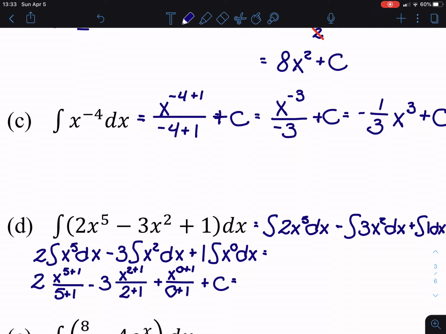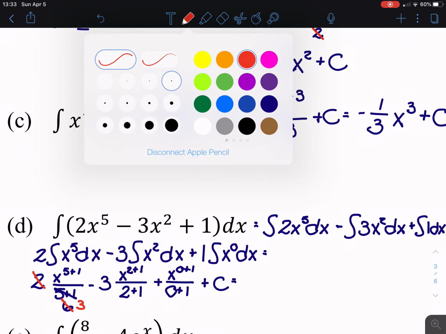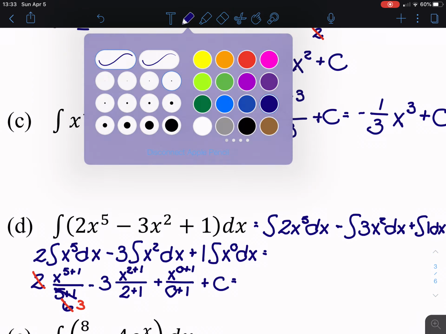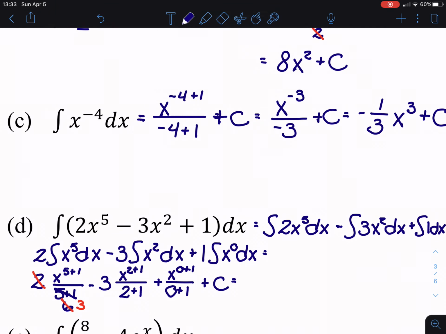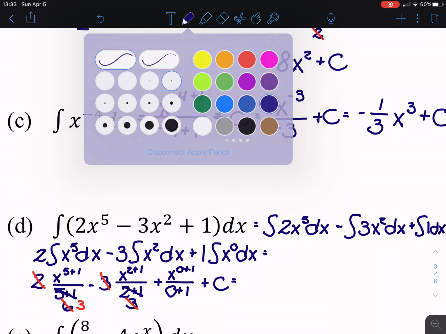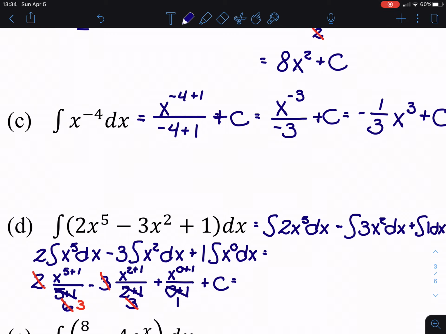Okay, so 5 plus 1 is just 6. I can cancel the 2 with the 6. That leaves me a 3 in the denominator. In my next one, 2 plus 1 is 3. So the 3s there can cancel each other out. And then in the third one, 0 plus 1 is just 1.